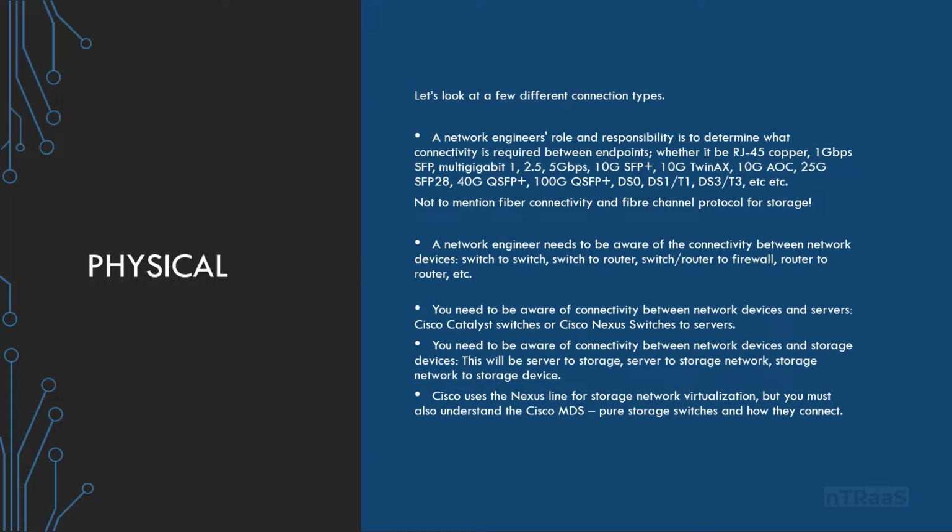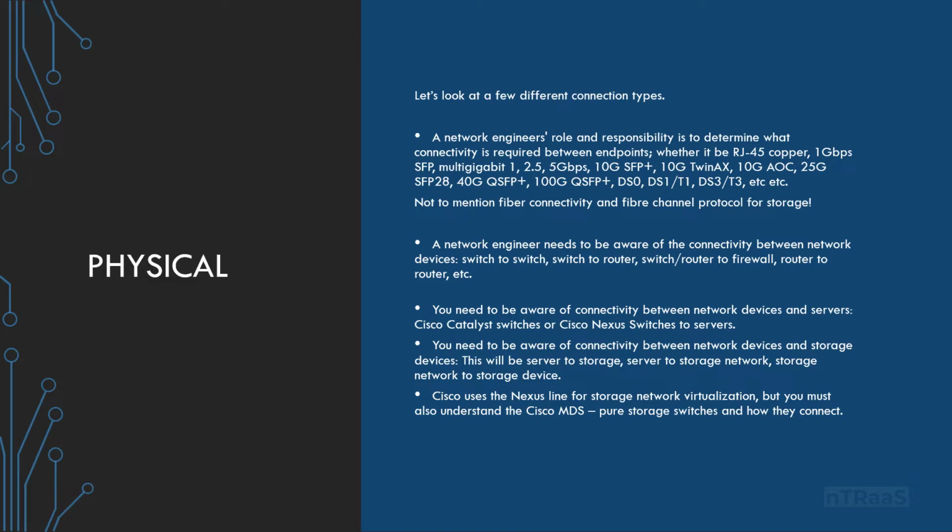So starting out and looking at the physical layer, we're going to look at a few different connection types. Now, once again, just fundamentals. You may ask yourself, how can I connect my computers or servers into the network? Now, if you watch my home lab, you're going to notice the 3560 has mostly copper ports, but it had SFP ports in the end, which basically allows the use of a transceiver.